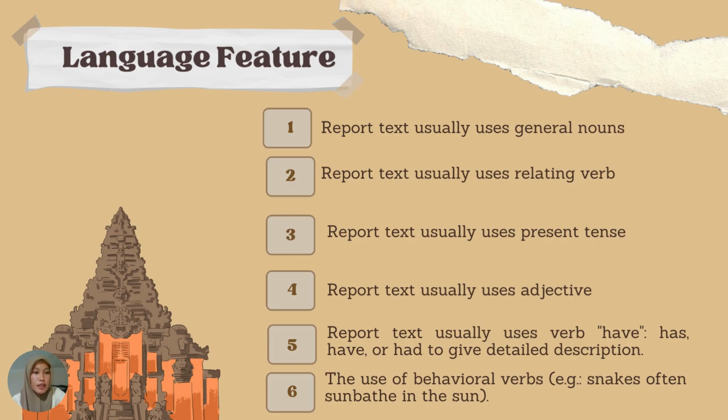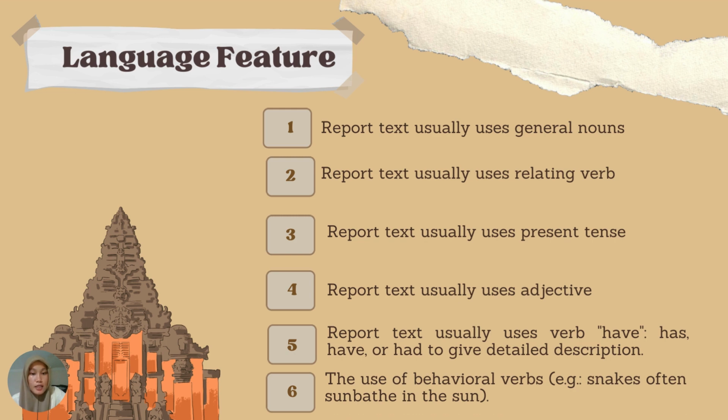And let's take a look at the language features of the report text. The first one is use of general nouns. It's quite the same as the descriptive text. And the second one is use of relating verbs, or we also call them linking verbs. And the third one is use of present tense.